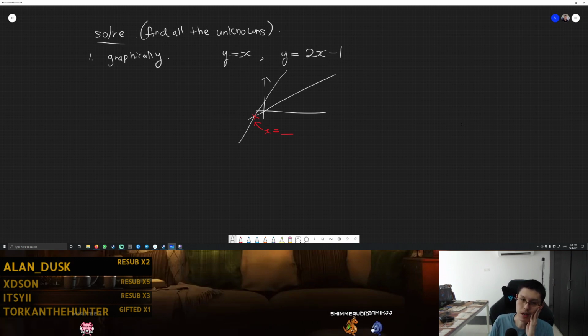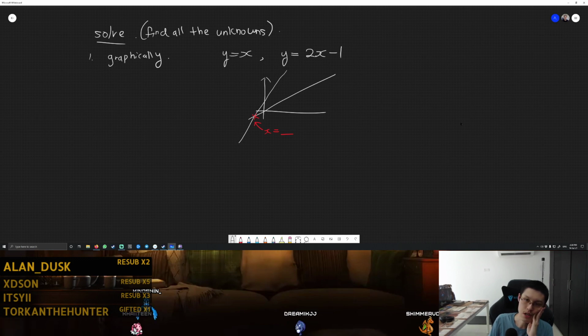That's how you solve graphically, right? If they intersect at 2 points, then you have two different solutions, and so on and so forth.